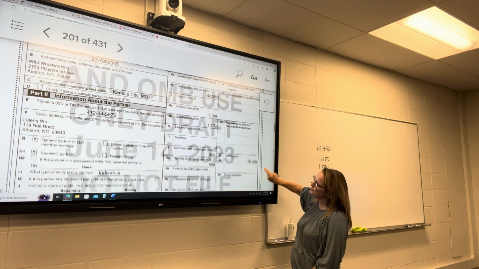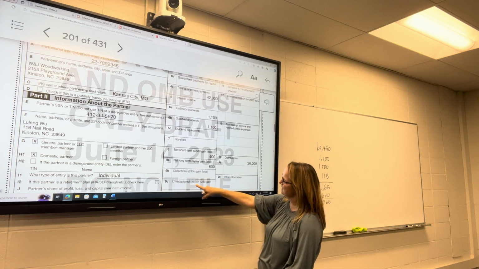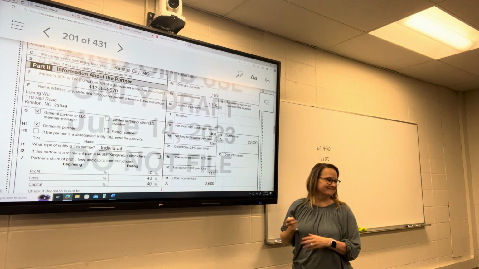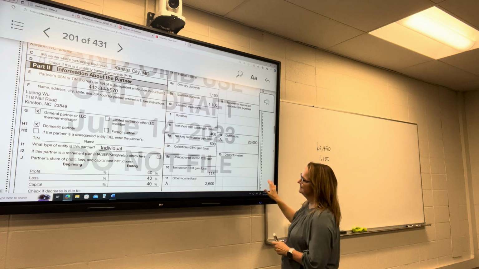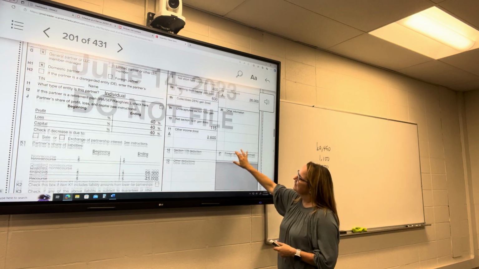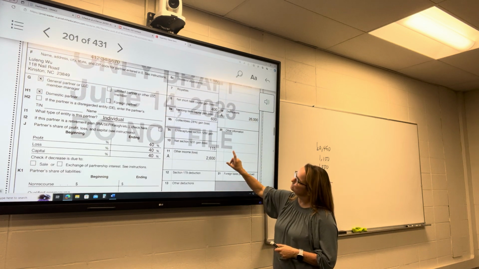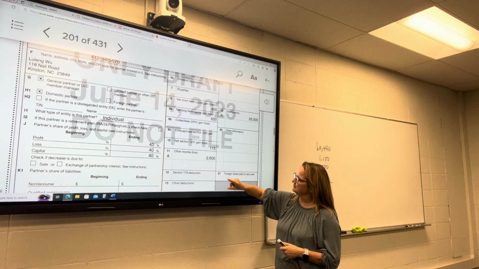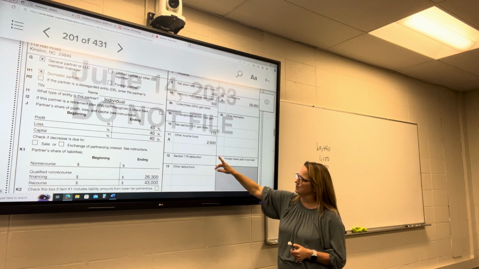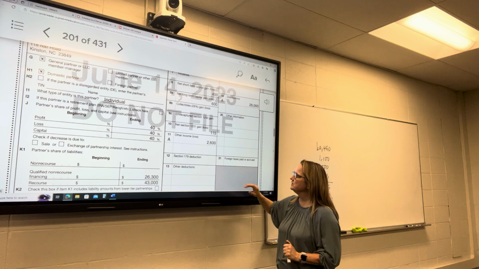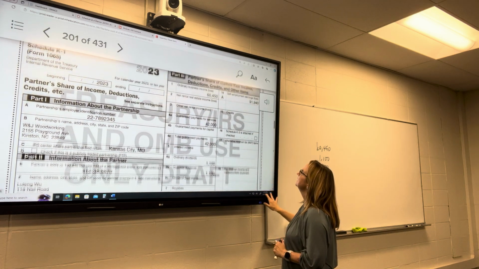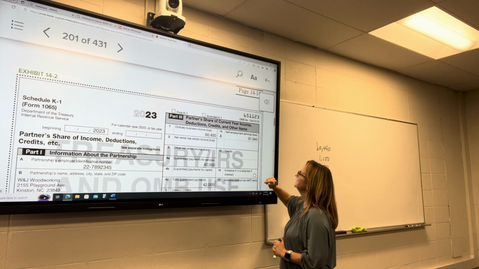But you can see, so we've got like collectibles, gains, unrecaptured 1250. Remember that? Unrecaptured 1250. Look, it's come back to haunt you. 1231. Like I said, I'm not quite sure what the 2,600 is. I don't know what code A is off the top of my head. Section 179, so that would be separate. Again, self-employment earnings, credits.